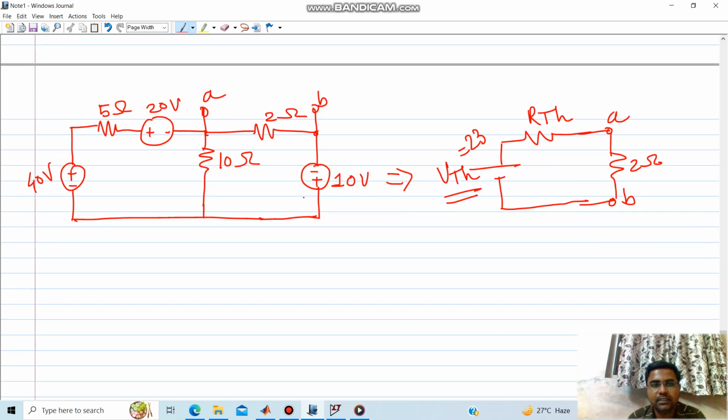So finally we have simplified this whole circuit and converted it into the Thevenin equivalent, where V Thevenin is 23.3 volt and R Thevenin is 3.33 ohm.